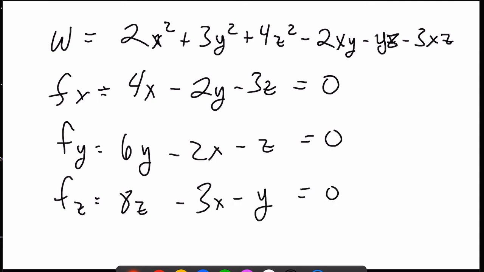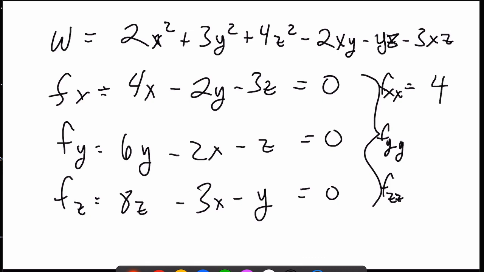And you can go ahead and solve that if you're really interested in it. But instead, let's move on now and find fxx, fyy, fzz. Well, that's going to be 4, 6, and 8.